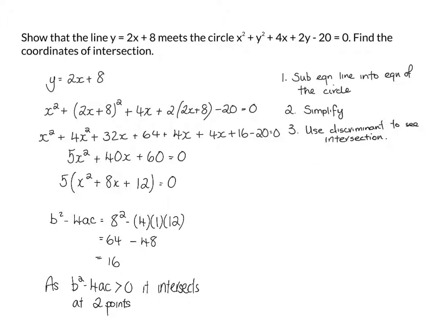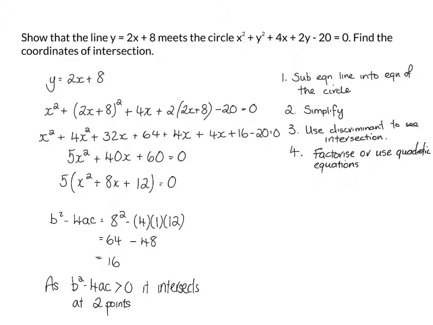Right, so now once we've done that, we can now factorize the quadratic if you can, or use the quadratic equation to find your x values or your y values, because you can actually substitute in x equals, like the equation of the line can be in the form x equals and then everything else, if that's easier.